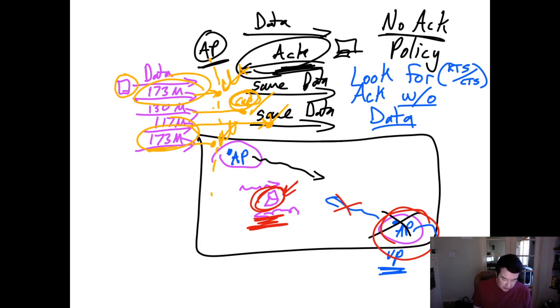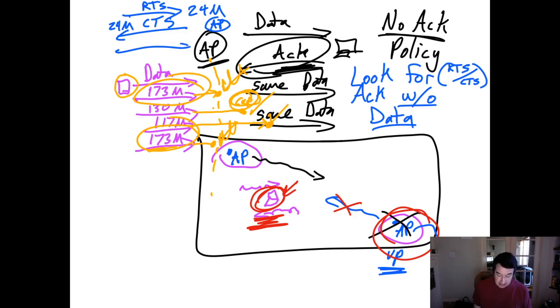What might have happened there is there might have been a request to send sent by my client device. Request to send is typically going to be 24 megabits per second. Could vary on some networks, but it is going to be relatively low speed, low data rate. Clear to send back from the access point is also typically going to be 24 megabits per second. I might then have data that may be as high as 187 megabits per second.